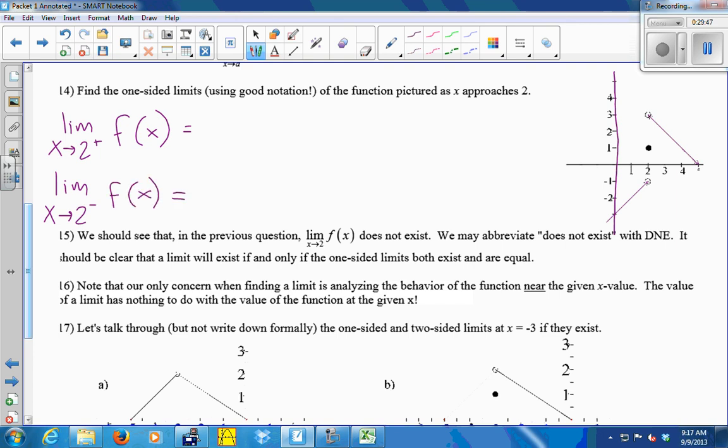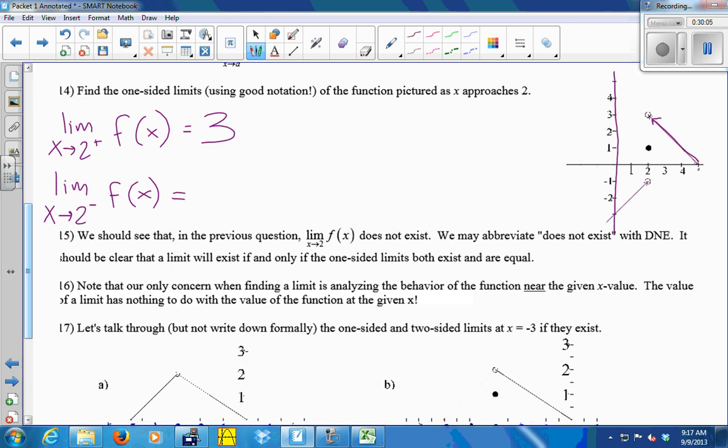Okay, so looking at this graph, go to the right of 2, and as I approach 2 from the right, what y value is my function approaching? 3. Even though it's not defined at 3, that's what it's getting close to.